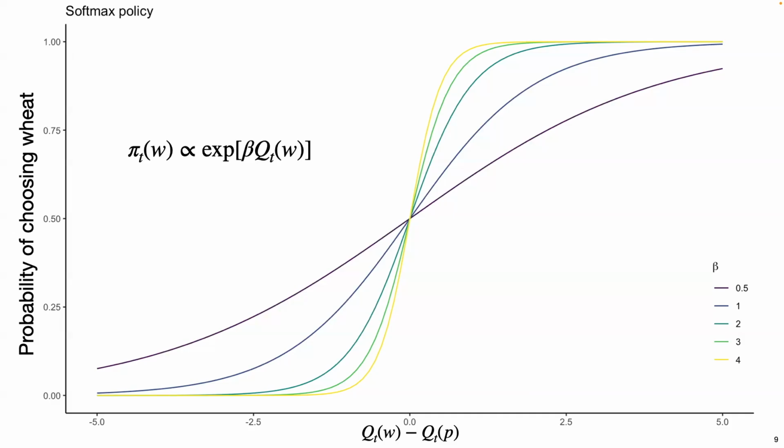Whereas when the beta value is small, close to zero, the decision maker's action is more stochastic, nearly random, and less dependent on the original Q value.